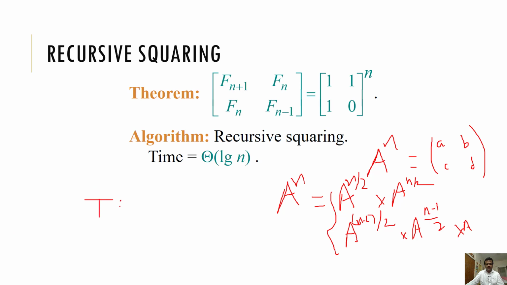Recurrence will be T n is equal to the time complexity. How many subproblems? We have one subproblem, and what is the size? Size is half, T n by 2, plus what is the cost for divide and combine? Divide and combine is just a constant, so it is theta of 1. So, that will give us log n.